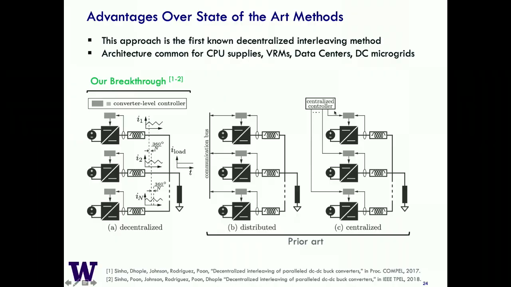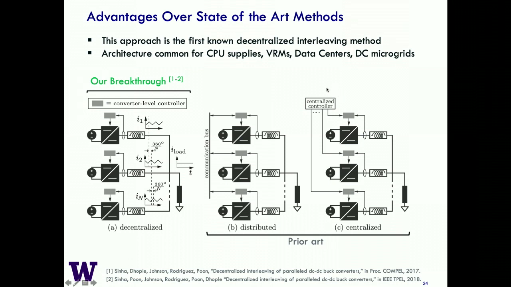Okay, so just real quick on the larger context and where this fits in terms of what's been done historically. For the past couple decades, the way this is always done is this centralized method I'm showing on the far right, which is by far the most ubiquitous way to do it, even today.